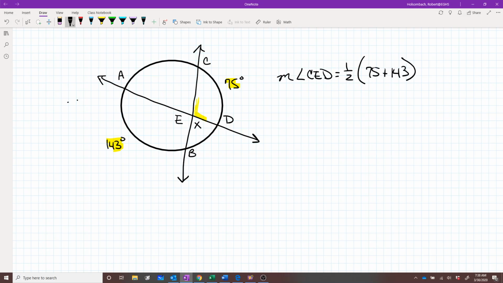So once we find CED, we can subtract it from 180 and get angle X, because these two angles, yellow and green, form a linear pair. So our angle CED is going to be equal to 1/2 of 75 plus 143.